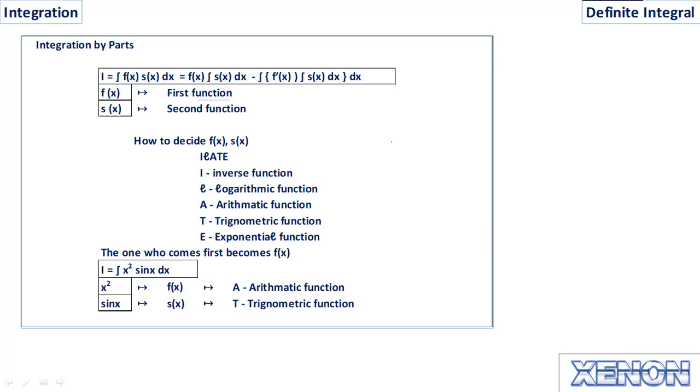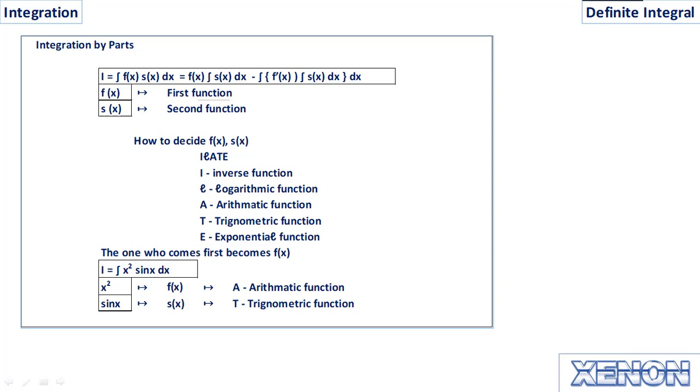We take the first function as a constant and integrate the second function, and after that we subtract the integration of the differentiation of the first function into the integration of the second function. Actually, integration of f(x)s(x) dx equals f(x) into integration of s(x) dx minus integration of f'(x) into integration of s(x) dx, into dx.